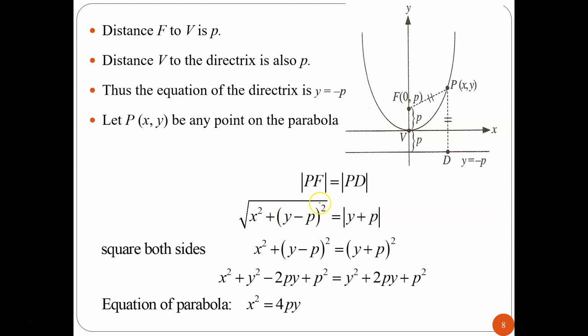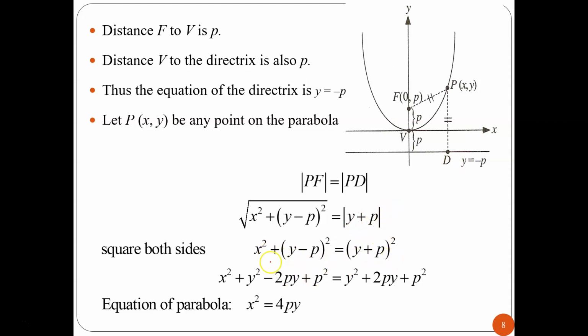Dapatlah yang left hand side. And then for the right hand side, you will have y plus p. Kenapa y plus p? Sebab kita refer kepada P and D. Because at the front over here, you don't have any coordinate for x. So you have just y plus p.